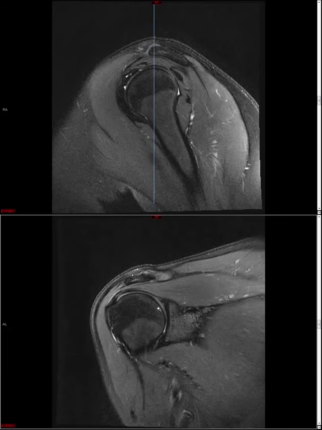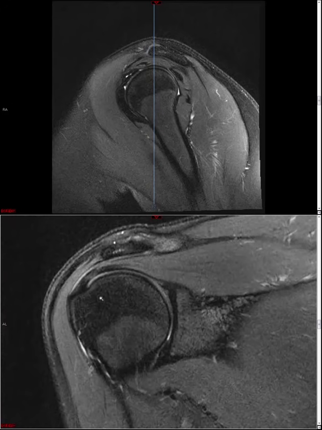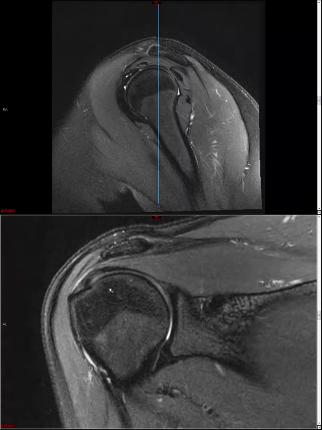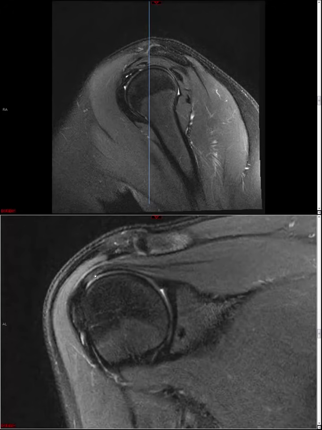You're going to notice right here in the so-called critical zone, which is a centimeter proximal to the insertion of the rotator cuff, in this case supraspinatus, that there may often be artifactual increased signal reflecting magic angle artifact. Unfortunately, this is a good location to have tendinosis as well. So you'll have to just kind of read around it.